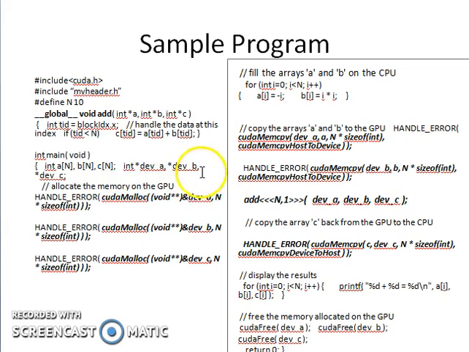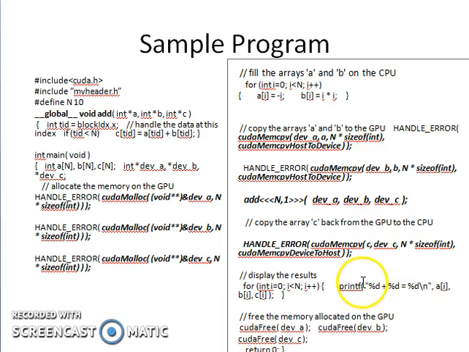This simple program is adding two vectors, where vectors are defined at the CPU and processing takes place at the GPU. A kernel function which will work at the GPU is called with add, and it is telling that there are n threads organized in one dimension, and the three arrays A, B, and C are sent to the device.